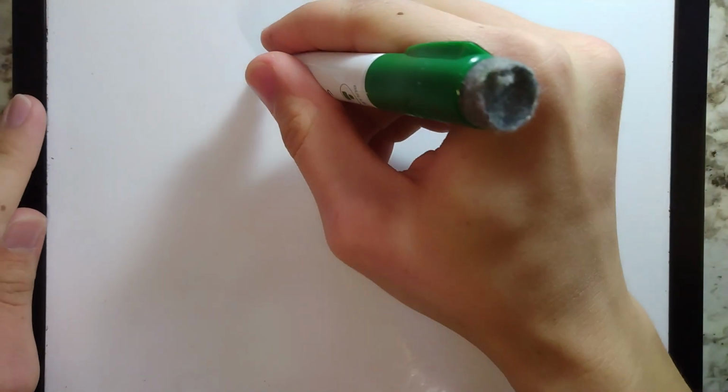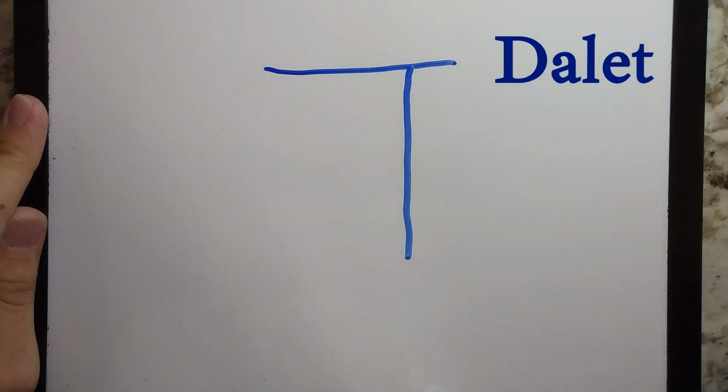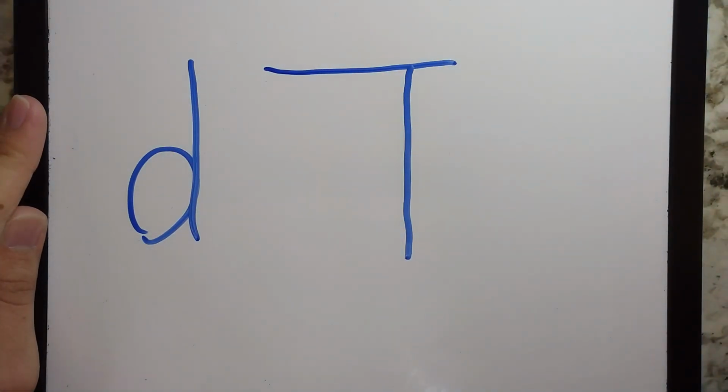Now for the fourth letter, which is Dalet. Dalet makes the D sound. Let's make a word with Dalet.